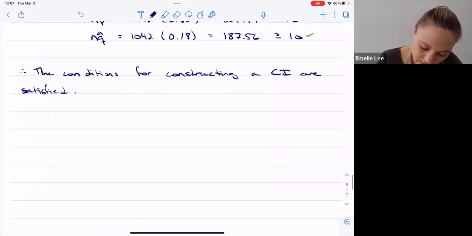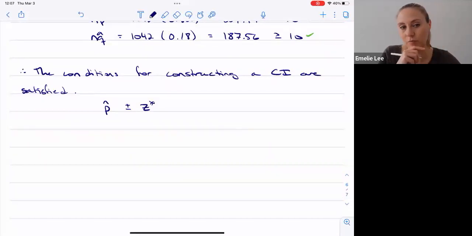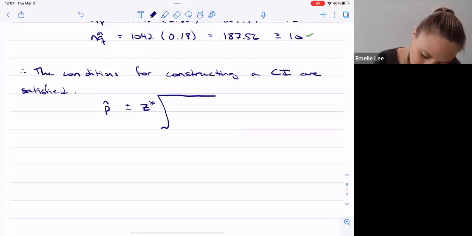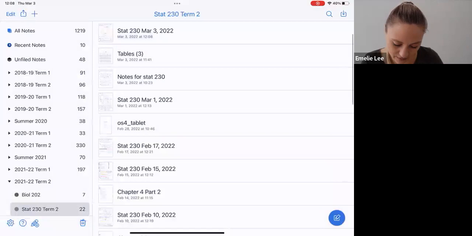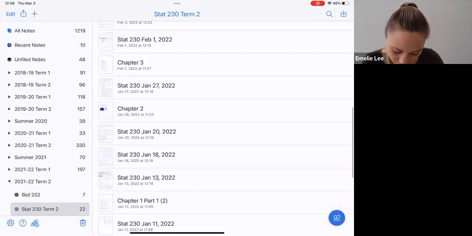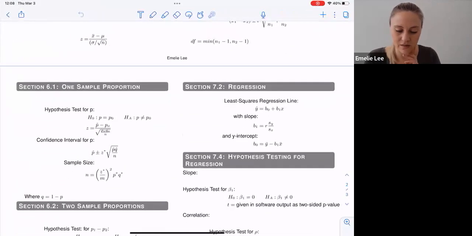So our confidence interval is going to be p hat plus minus z star times the standard error of p hat, which is the square root of p hat q hat over n. Now I have all these components, so it's just a matter of plug and chug here. And I do want to point out that you have this formula on that formula sheet I posted, but it's kind of out of order because it's in the old section of 6.1.